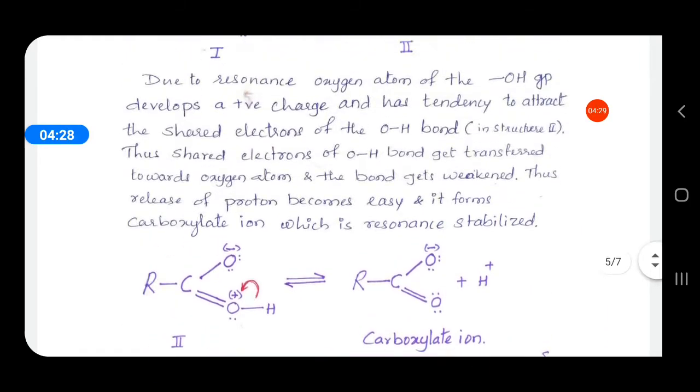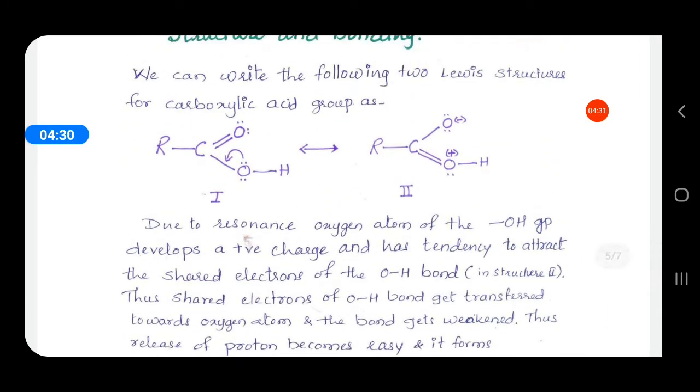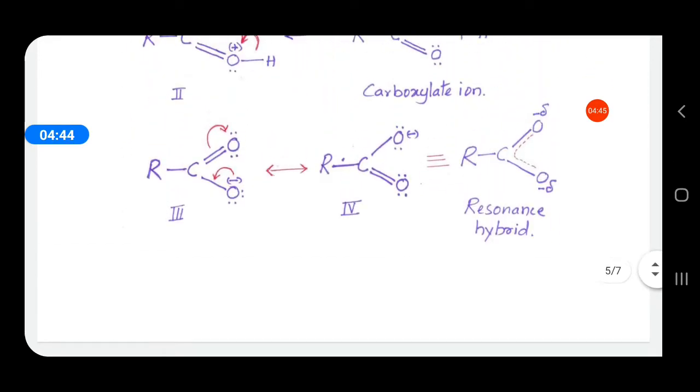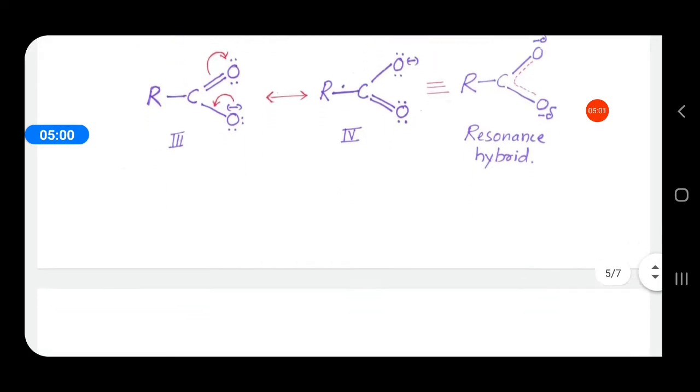Compared to this, in the carboxylic acid, one oxygen has a positive charge and another oxygen has a negative charge, so it is less stable. But the carboxylate ion, which has small charges on both the oxygens and a partial double bond between oxygen, carbon and oxygen, is more stable than the carboxylic group.